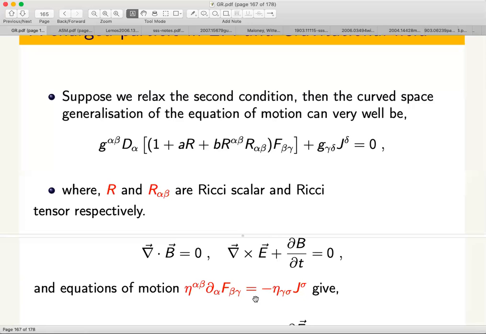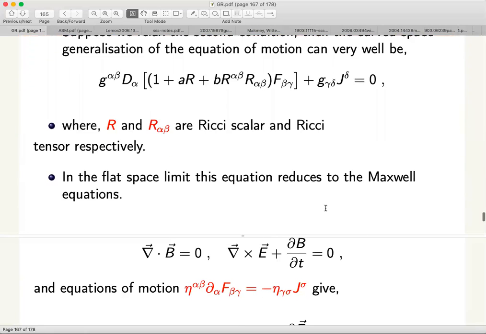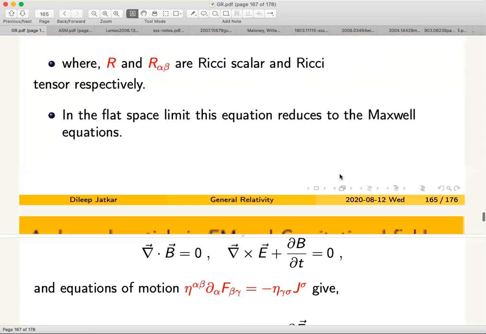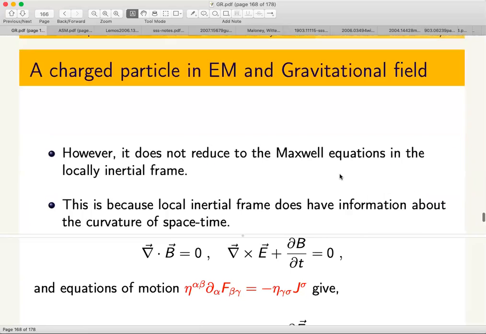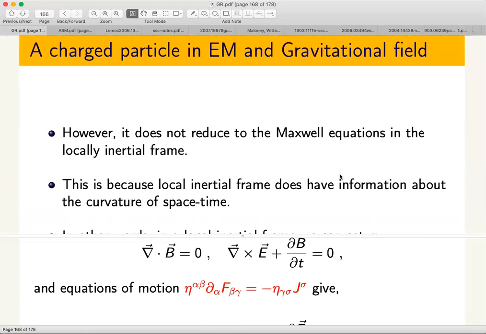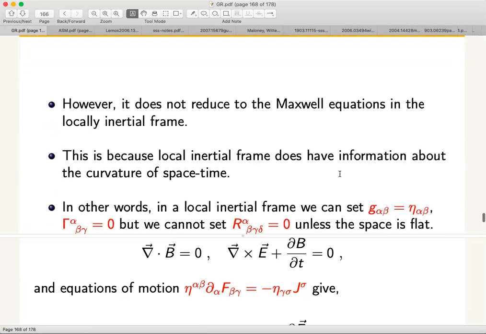But if you are in a local Lorentz frame, then the story is different. Even if you can bring the physics into a local Minkowski-like geometry, it still carries information about the curvature of space-time.